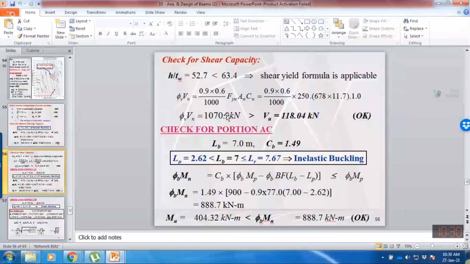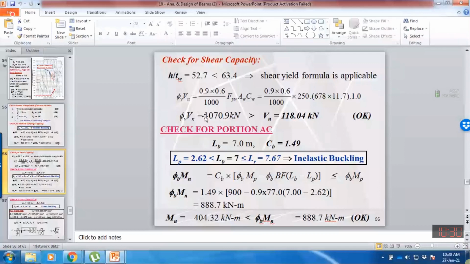It means that the web is too strong as compared with the maximum applied shear, so we have excess web area. We can reduce the web thickness because we can optimize, but we cannot, because this is the hot roll section which is selected based on bending moment.